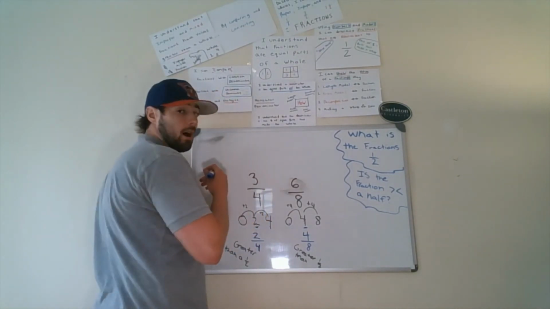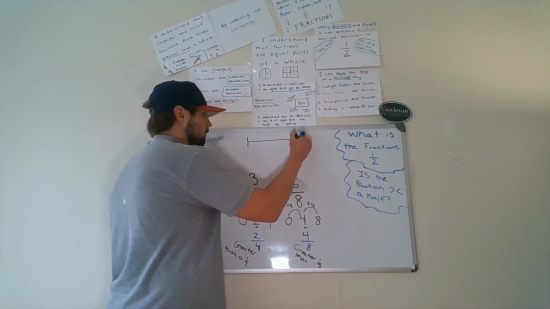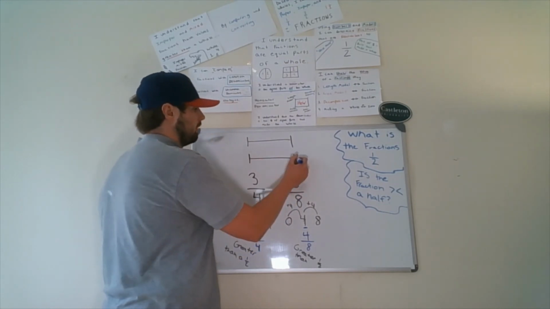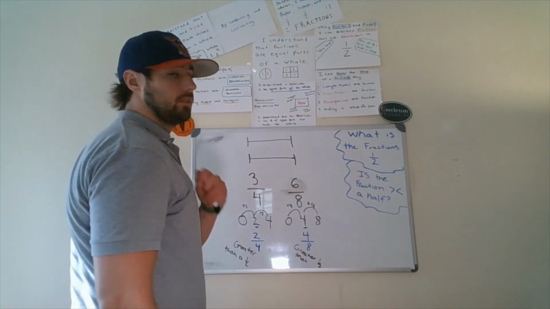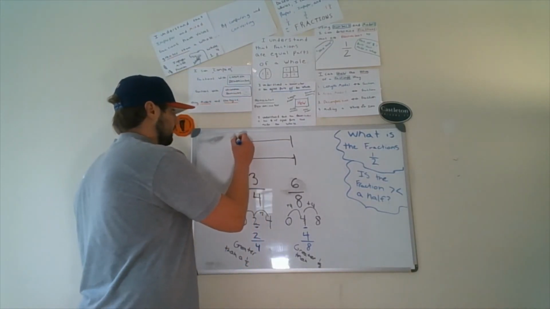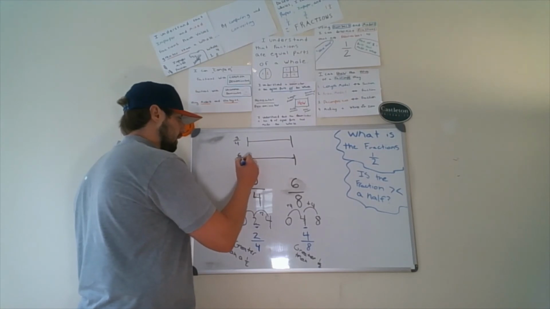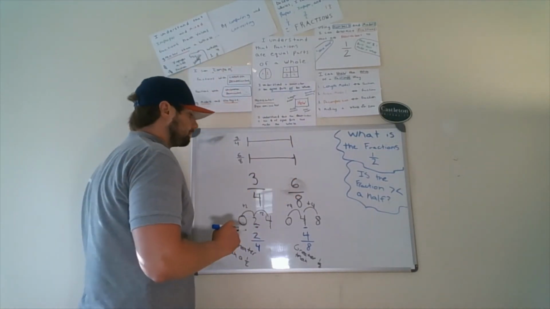Starting off with our length model, work with me please. Making 2 wholes exactly the same size. Working with fractions that need to be exactly the same size. We have 3/4 and 6/8. Pause the video if you need to.